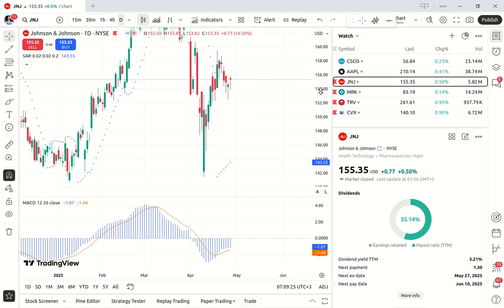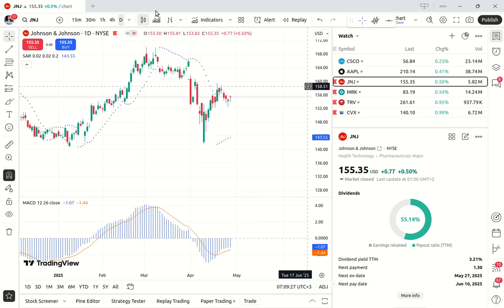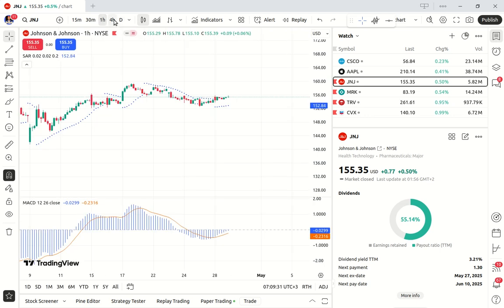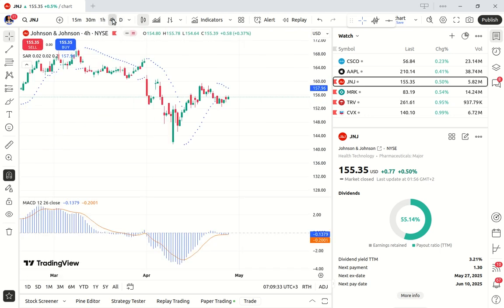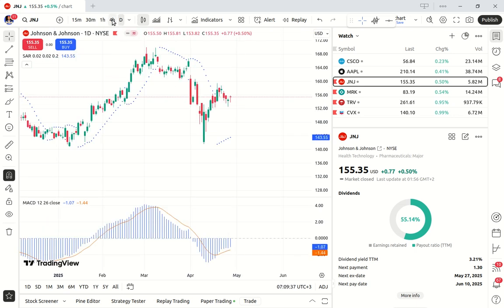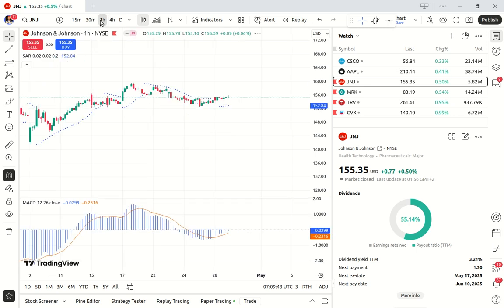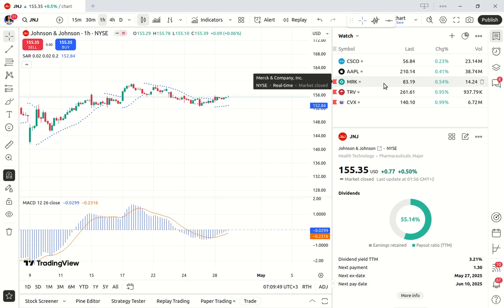So is the price above the parabolic system on all three time frames, which is the 1 hour, the 4 hour and the daily time frame? As you can see, it is not above the parabolic system on the 4 hour time frame, even though on the 1 hour it is above. So I would not trade this one.